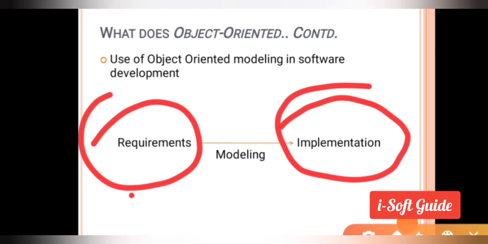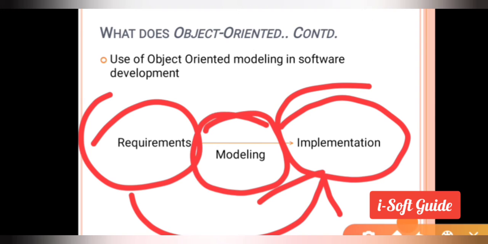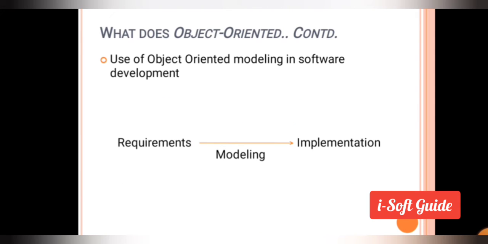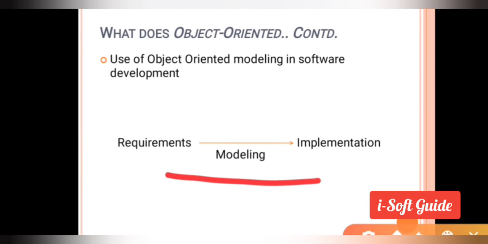But instead of directly transferring the requirements to the implementation team, we will convert them into some model. Why? Because when we are building a house, for example, we cannot directly start the building work of the house.